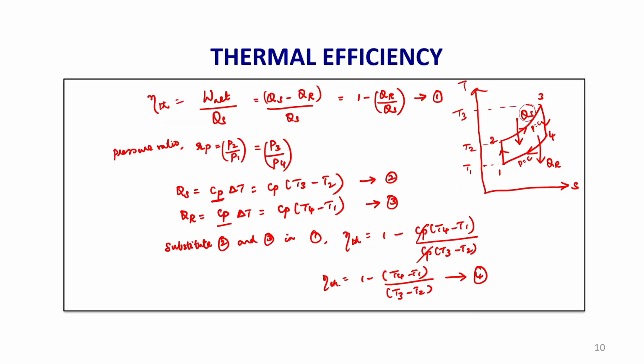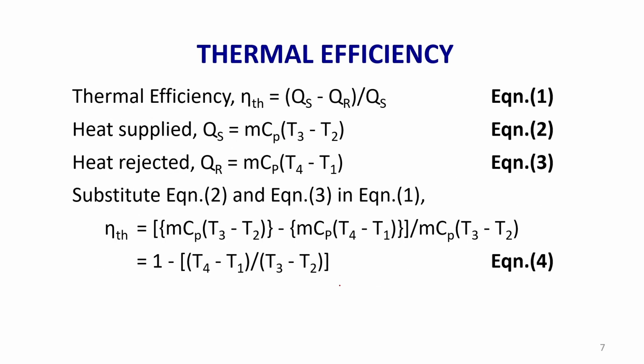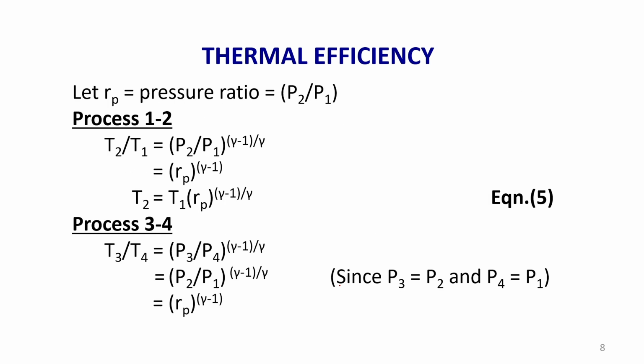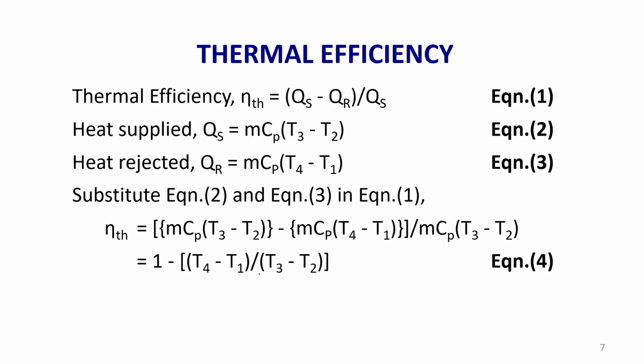Okay. So, if you see, this is 1 minus (T4 minus T1) divided by (T3 minus T2). Okay.